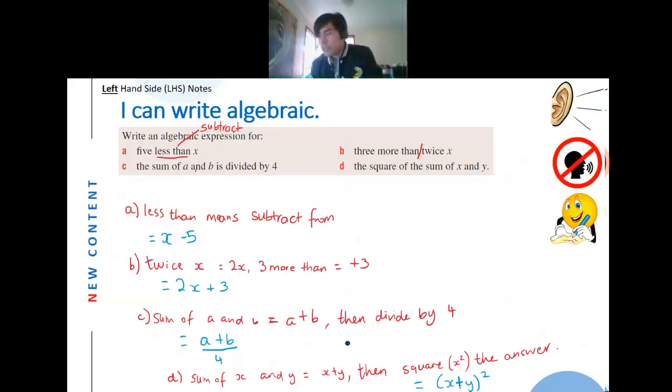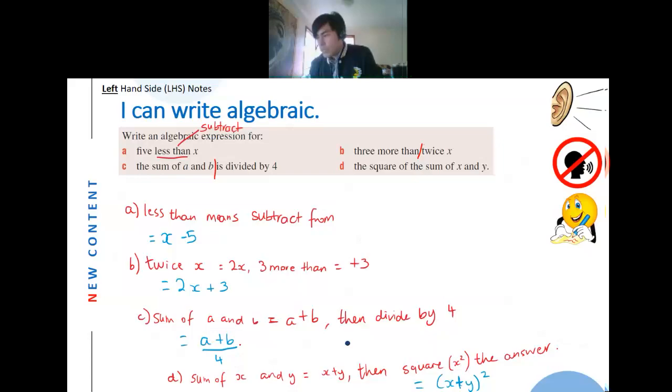The next bit, we got the sum of a and b is divided by 4. Again, I will need to divide this sentence up a little bit. So the first bit here, the sum of a and b. Okay, so the sum of a and b means a plus b. And then this total is divided by 4.